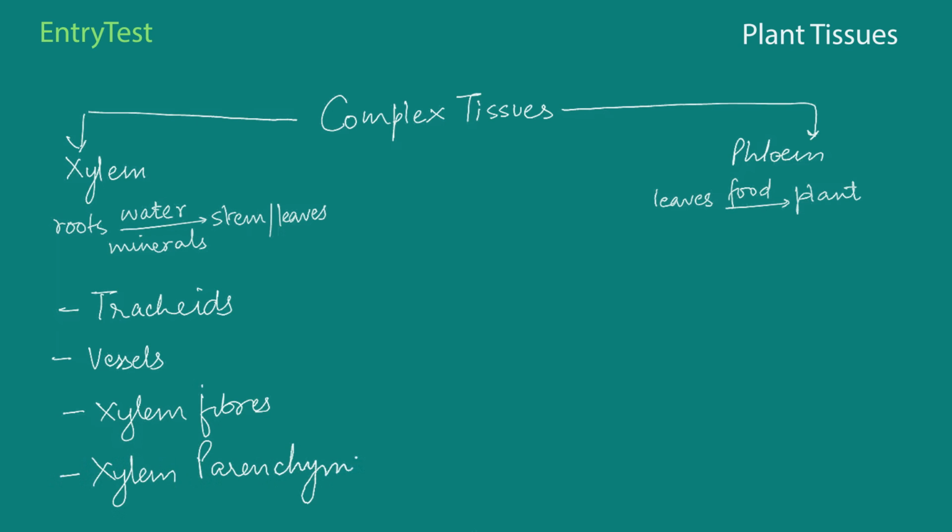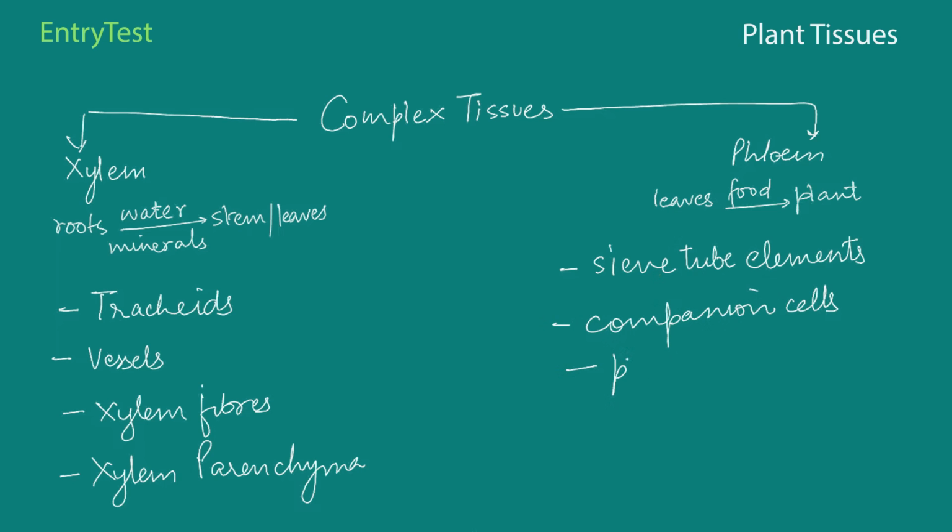Coming to phloem, there are again four parts of the phloem tissue, that is sieve tube elements, companion cells, phloem parenchyma, and finally phloem fibers.